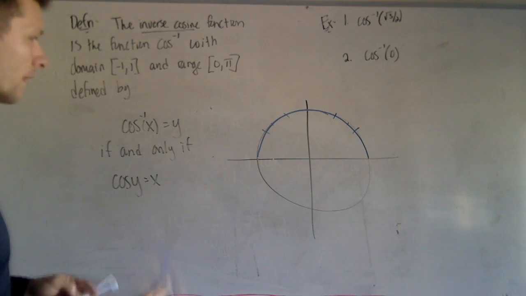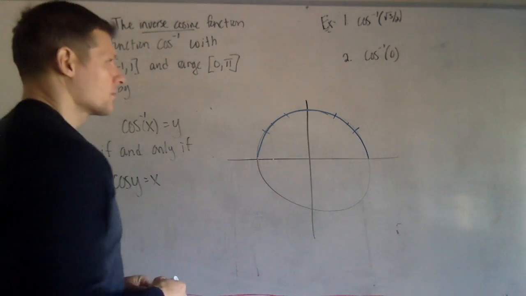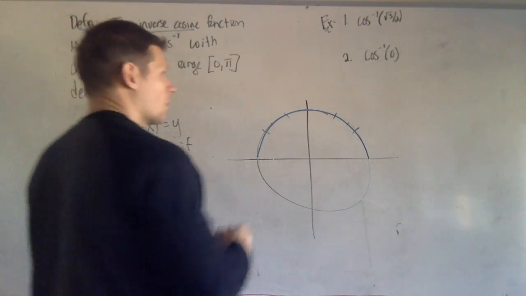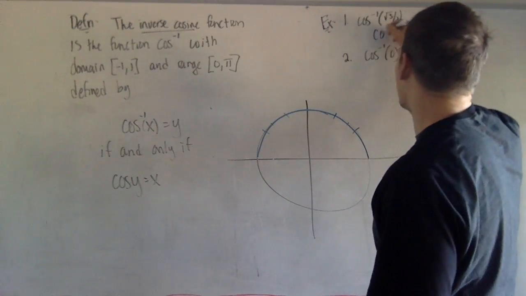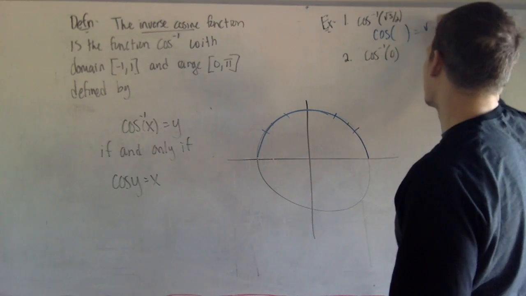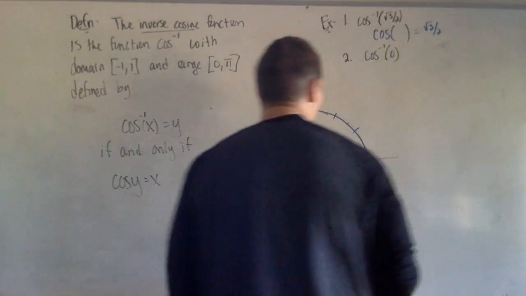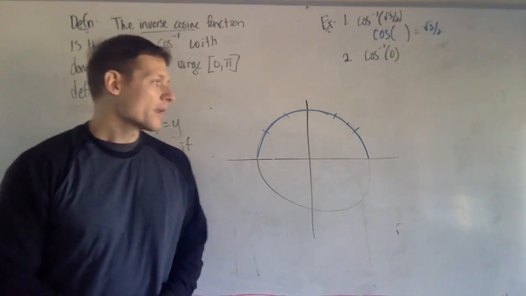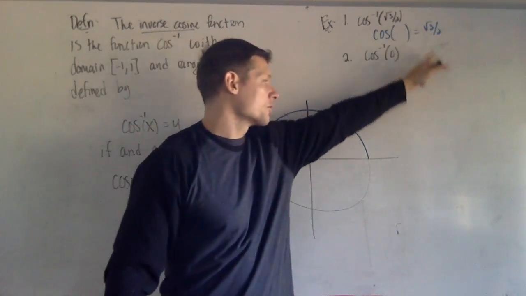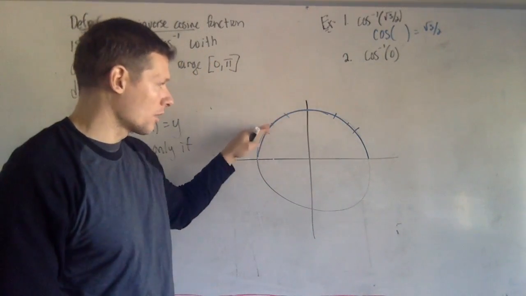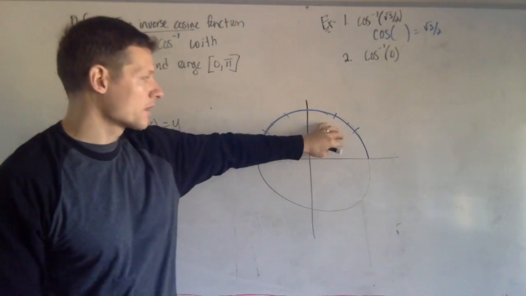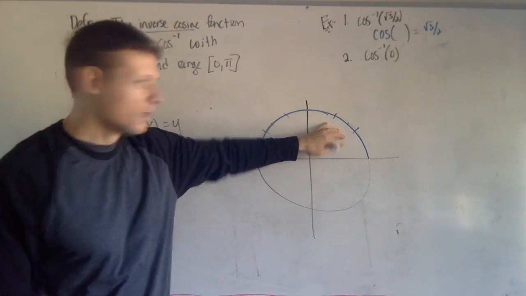Okay? So, fine. What's cosine inverse of root 3 over 2? Well, it's the number whose cosine equals root 3 over 2. Cosine is the x-coordinate. So when is the x-coordinate root 3 over 2, but only in quadrant 1 and 2? Well, over here the x's are negative. Over here the x's are positive, correct?